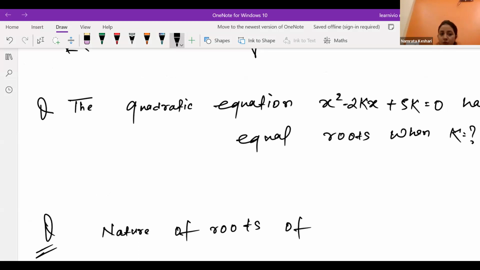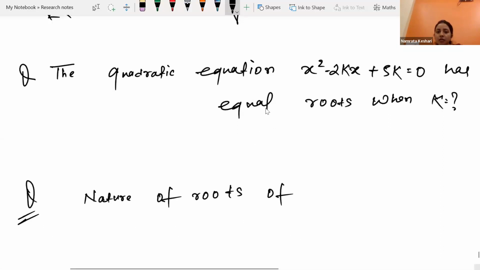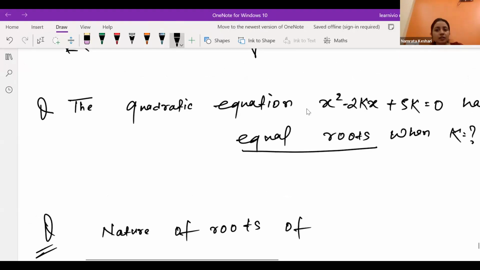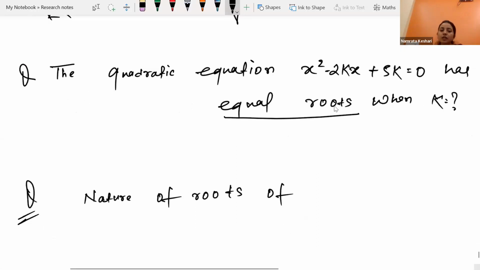Yeah, nature of the root we don't have to check. We have to find the value of k. The quadratic equation has already written over here equal roots. We have discussed nature of the root in class, right? Yes, ma'am. Okay, so it already says that the roots are equal.